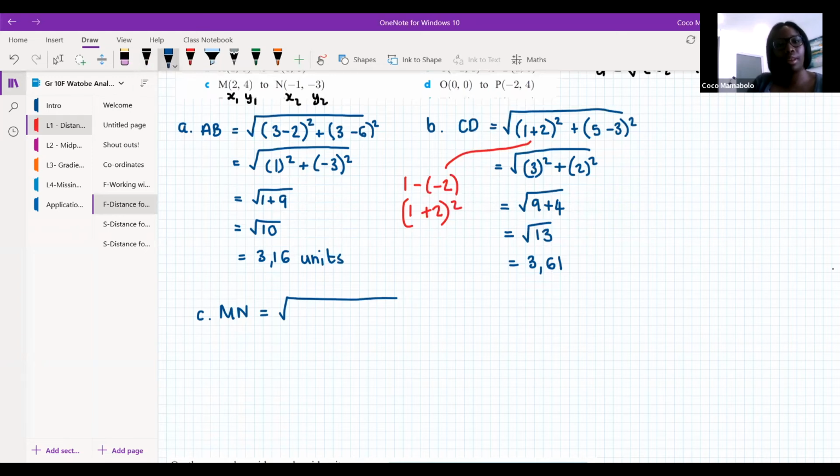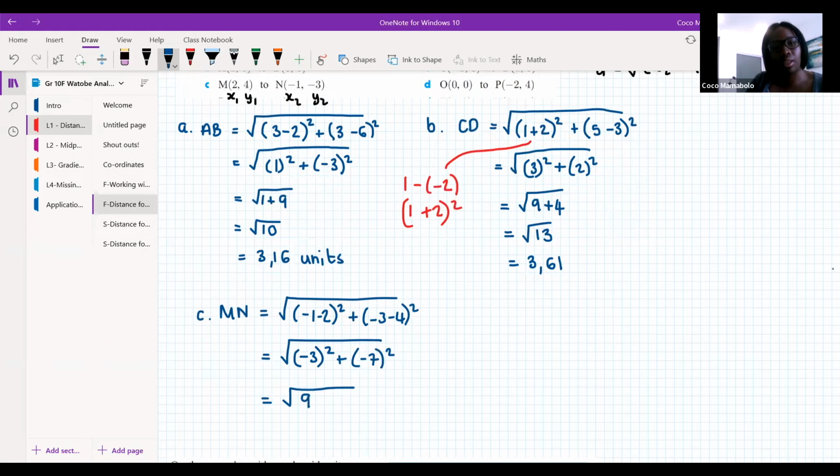So I will have (-1 minus 2) all squared plus (-3 minus 4) all squared plus (-7) all squared, which is equal to the square root of 9 plus 49, which is equal to the square root of 58. And that is equal to 7,62.